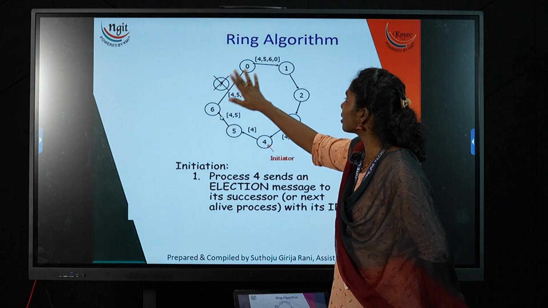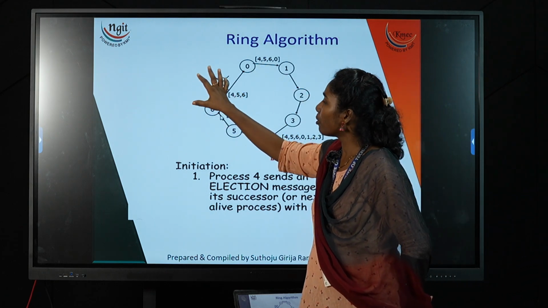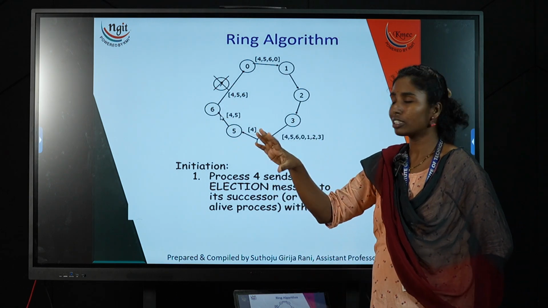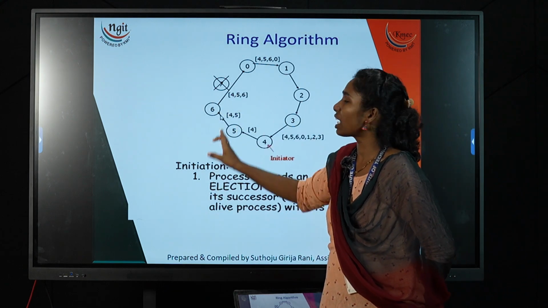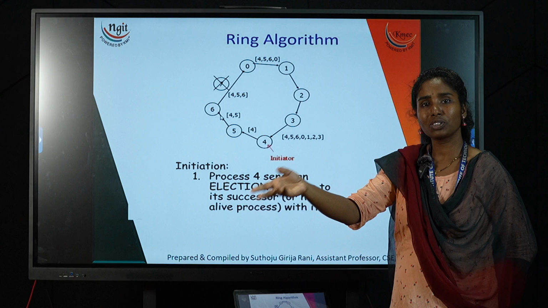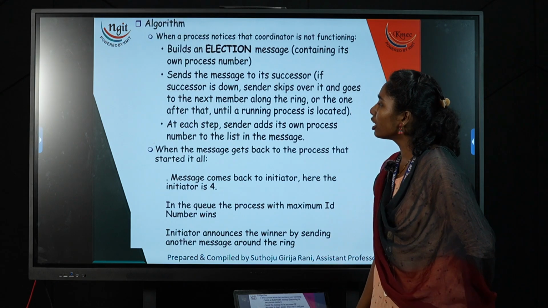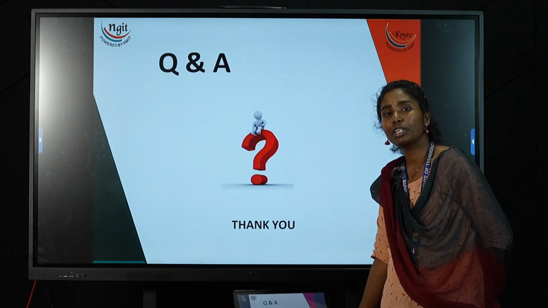Like this, 7 will assume that among all the numbers, out of me 7, 6 is the largest number, so 6 might be the coordinator. So even 7 will start giving its requests to 6. This is the coordinator election procedure which happens in centralized and distributed environments.